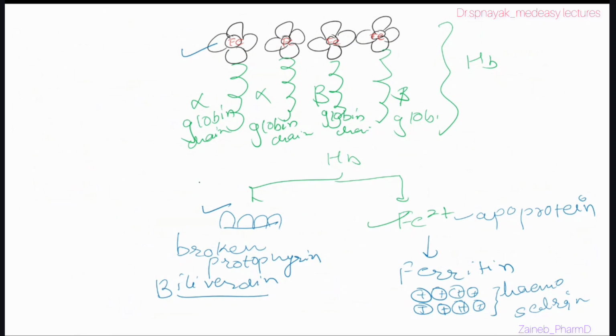The enzyme responsible for the conversion of heme into biliverdin is known as heme oxygenase. This biliverdin will be converted to bilirubin with the help of the enzyme known as biliverdin reductase.